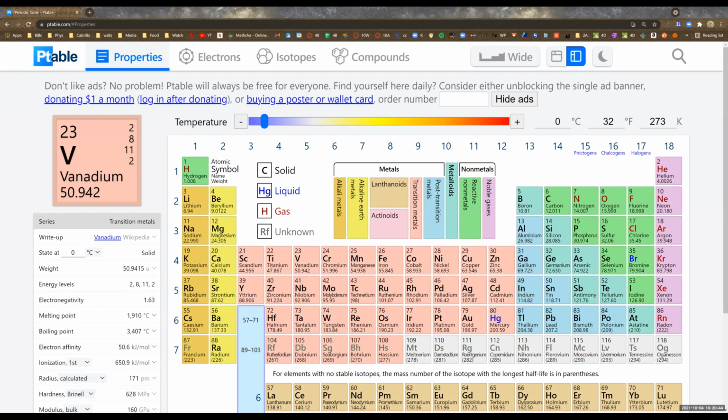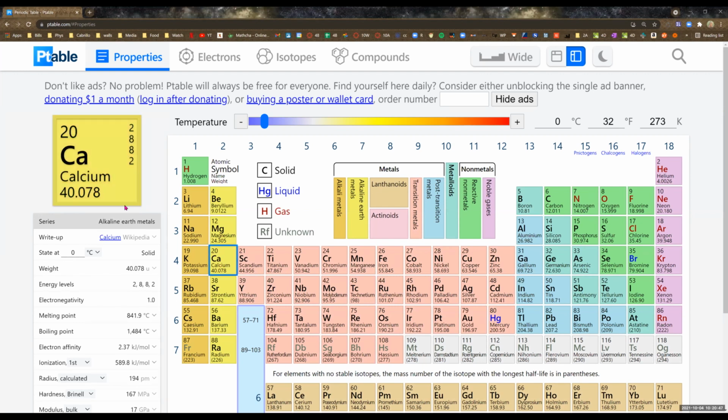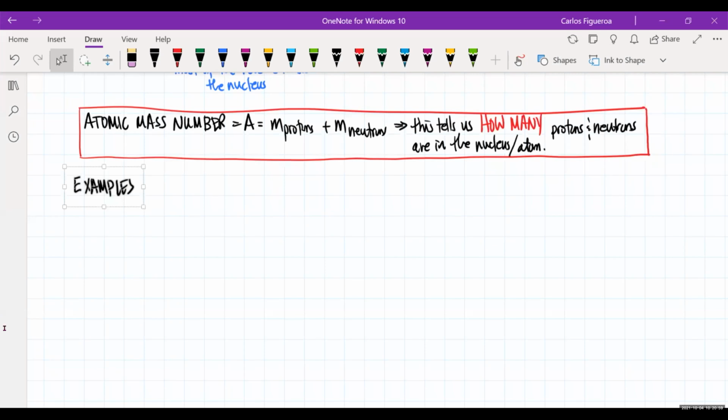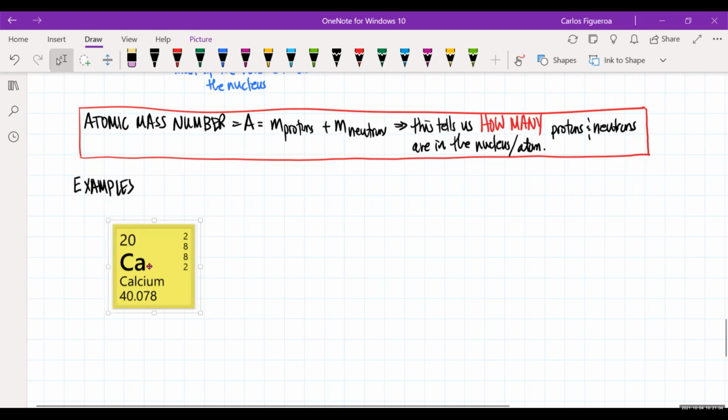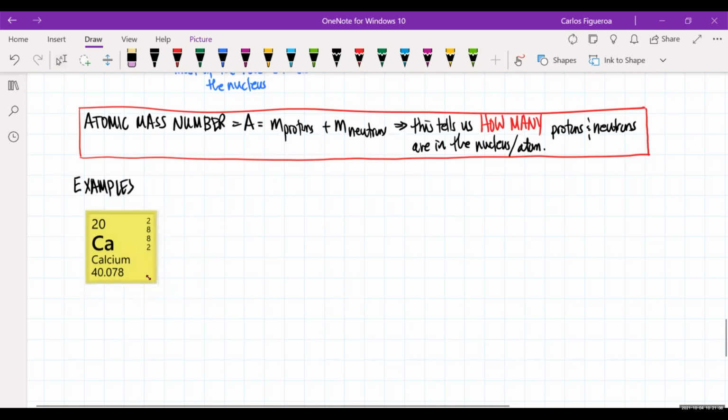How do I get calcium? All I do is come here and click on that. Now I got calcium. Then I'm going to take an image of that square. And that's how I'm going to get all of these elements that you see here. Okay. So here I go. I went in and I got a square of calcium. And I got another one.